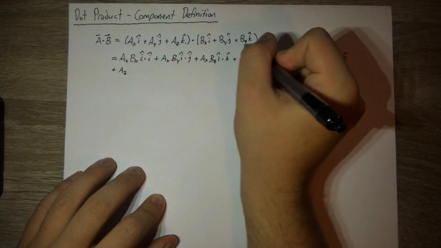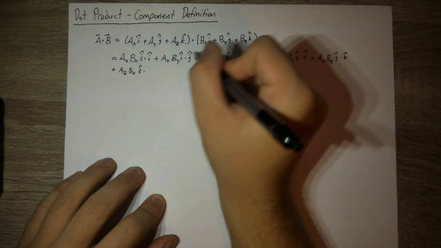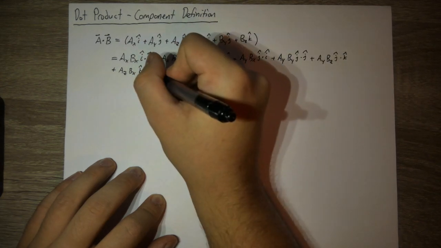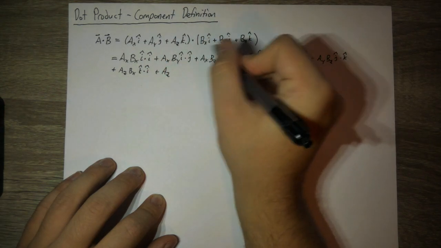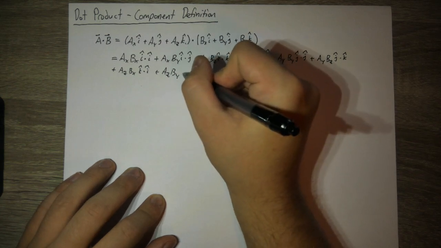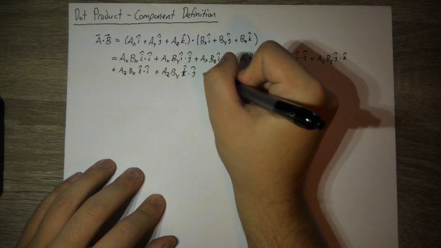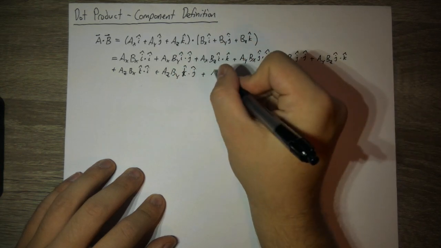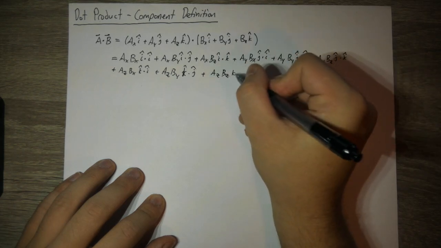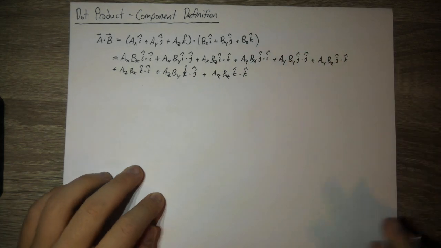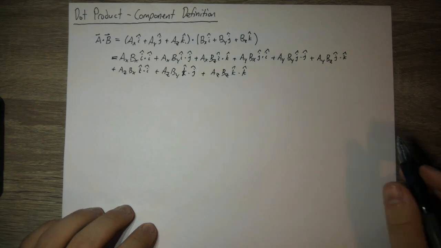AZ, BX, K dot I, plus AZ, BY, K dot J, and then finally AZ, BZ, K dot K. So now we have this long, ugly multiplication.